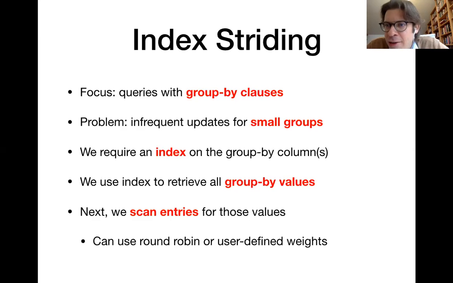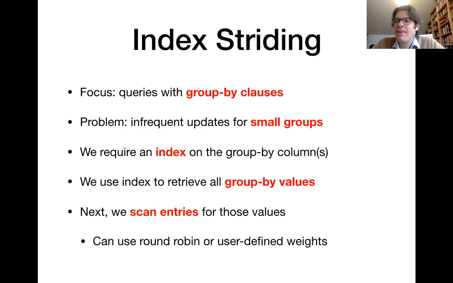The problem is if there's one group that is particularly common in your data, and maybe another group that is particularly rare in your data, because that means it will take a long time until you have some reasonable estimate for the group that does not appear very frequently in your data.